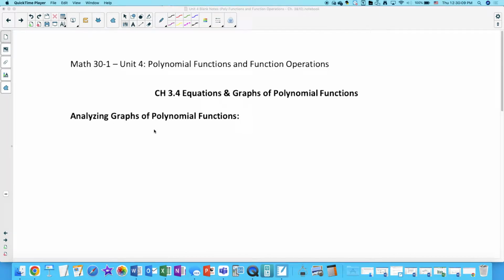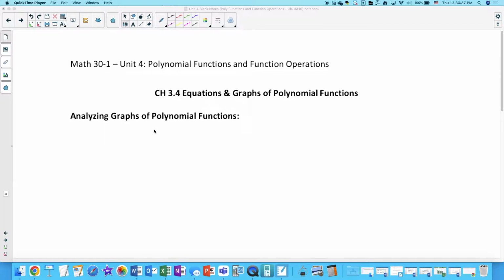Today is sort of the day where we make really strong connections between the graph of a polynomial function and its equation. Okay? Now, we started to do this on the first day that we looked at polynomial functions because we looked at things like the degree and the end behavior and the leading coefficients, things like that.